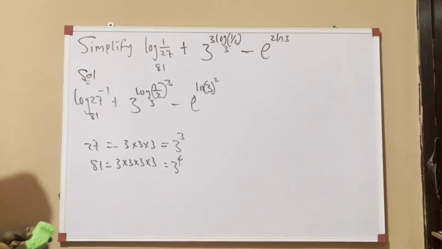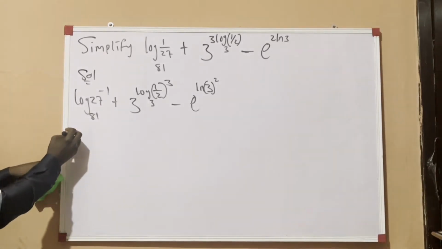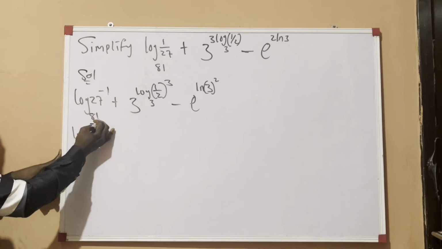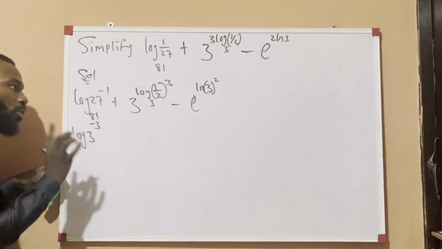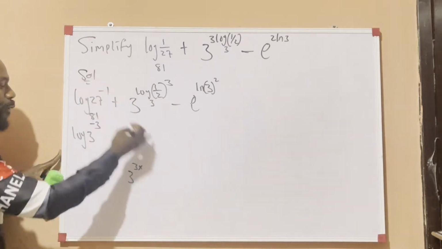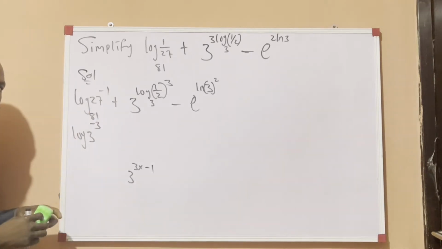So if we want to write this now, it becomes log 3 raised to the power of minus 3. Now how did I get minus 3? Because of the negative sign that is here. Normally 27 means 3 raised to the power 3, but if I multiply by the former minus 1, 3 times minus 1 gives us minus 3.